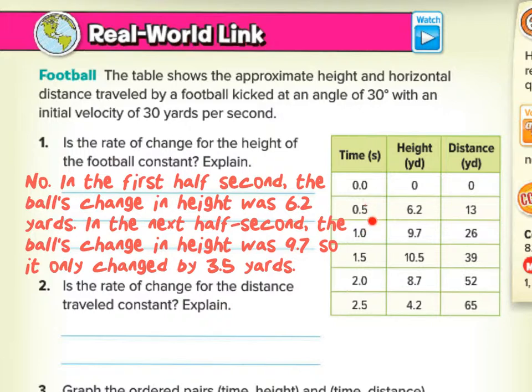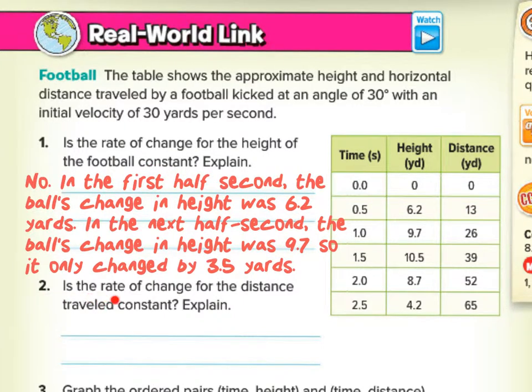So even though it went up by another half of a second, it only went up by 3.5 yards. And then again, when we add another half a second, it only goes up by, it looks like, 0.8 of a yard, right? It's not even a whole yard. So it is not a constant rate of change.